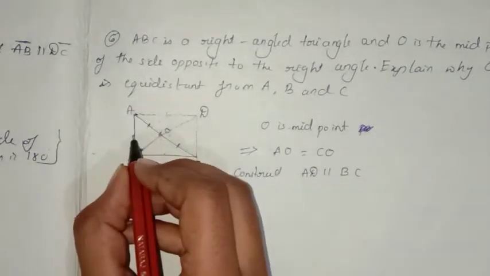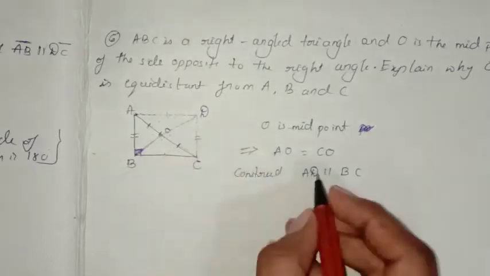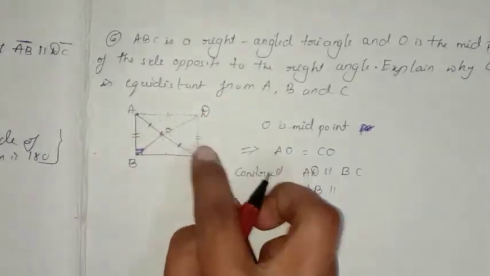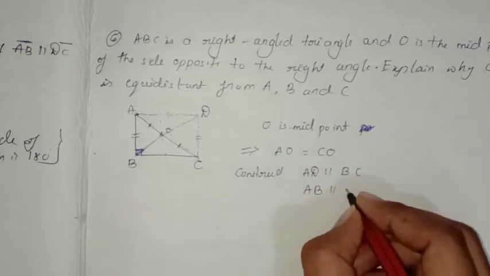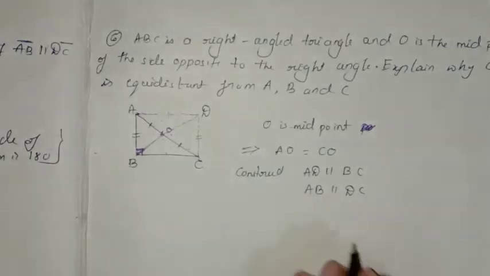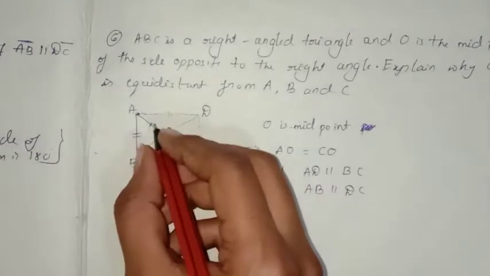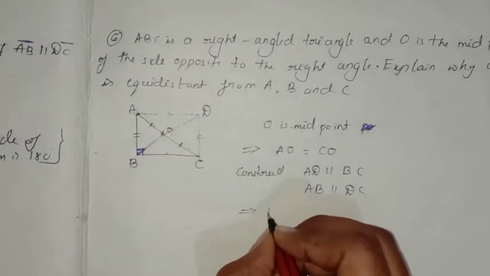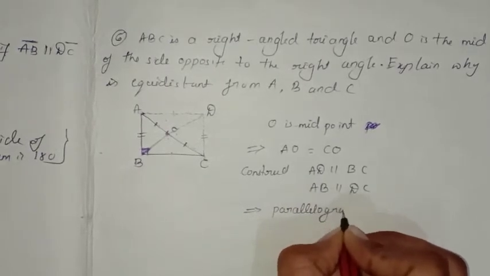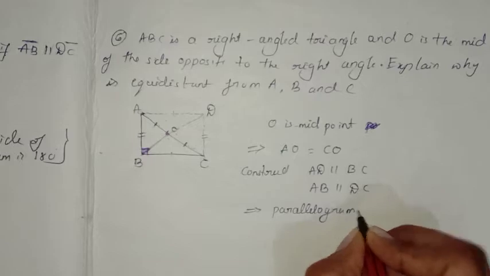So for another angle, these two sides we will consider. AB is parallel to this side, that is DC. If these opposite sides are equal to each other, then we can say this one is a parallelogram. Yes. Because in a parallelogram opposite sides are equal. So parallelogram ABCD.